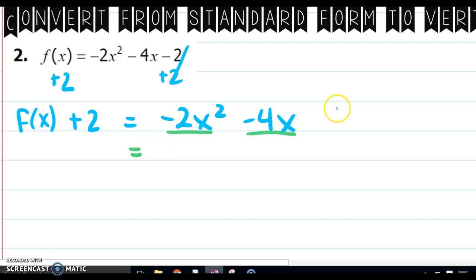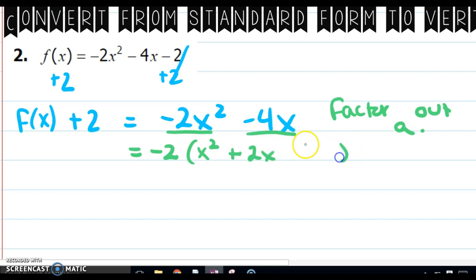You always factor out a, whatever a is. And here a is negative. So take out -2, x squared plus 2x, because you're technically dividing everything by -2. All right, and then again, leave your space.